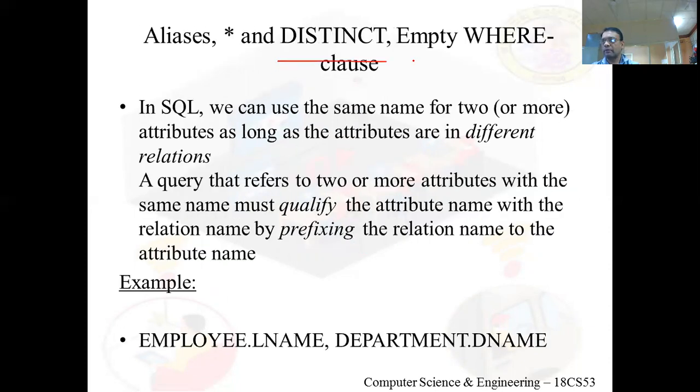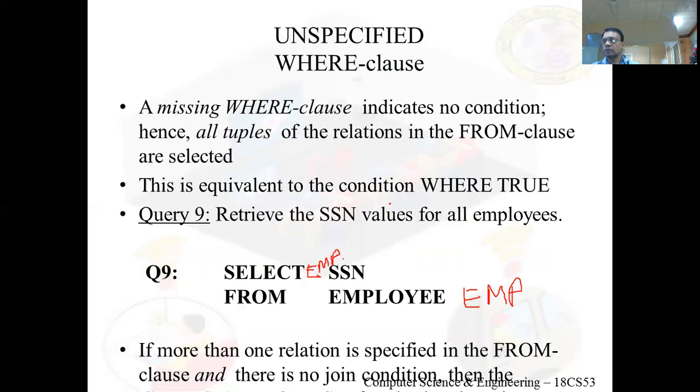And the distinct keyword. Distinct will be used if I want to select salary from employee, where we may get duplicate values for salaries. If I write select distinct salary from employee, the duplicate values will be eliminated. Unspecified where clause: if I don't give any filter condition, all the SSNs will be selected.